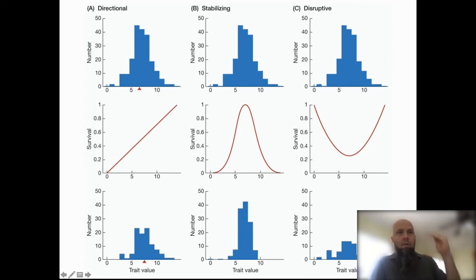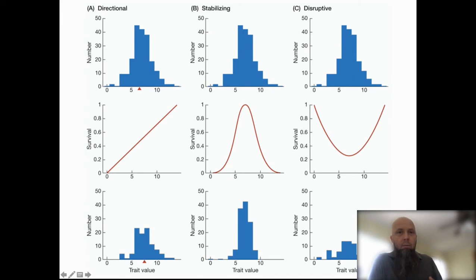What is the frequency of individuals in the population with any trait value on the x-axis? And we're starting out with what we call normal distributions, high in the middle, low on the sides, okay, low to the left, low to the right. And each of these populations is subject to different types of selection, okay?